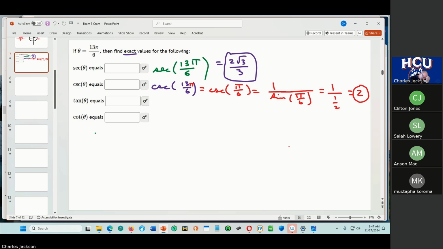Let's do the cotangent one. Now, cotangent is the reciprocal of tangent. So it's the reciprocal of sine over cos, so it's cos over sine.